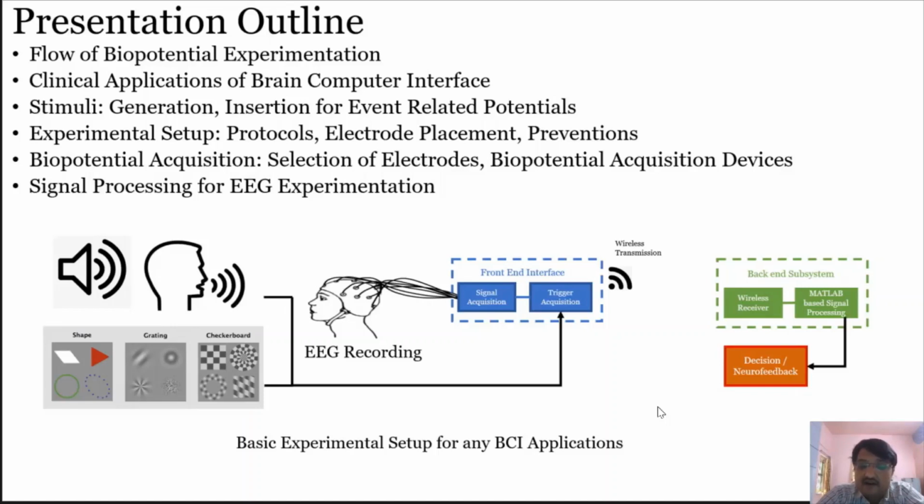And finally, you are going to process it. In order to process it in your computer, be it MATLAB based signal processing or Python based processing, you are going to convert it into digital form before transmitting. So mainly this biopotential acquisition consists of an instrumentation amplifier and filters, both kinds of filters, band pass and band reject.